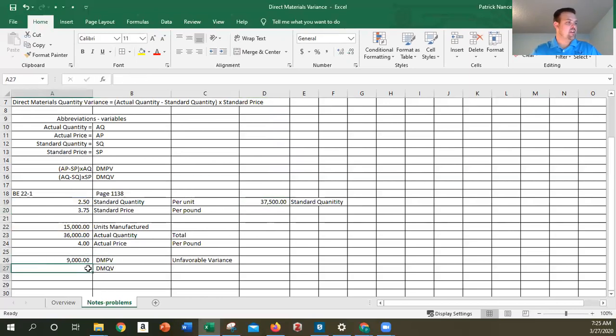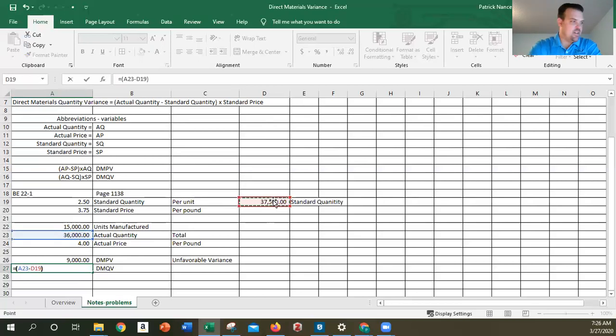So now I have everything that I need to write my formula. Actual quantity 36,000 minus standard quantity 37,500 times my standard price, which is 3.75.